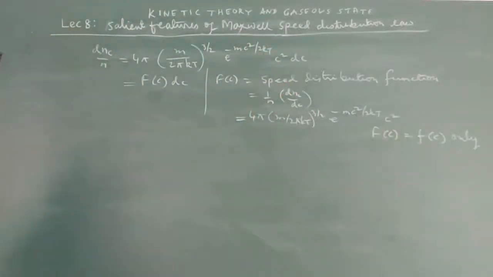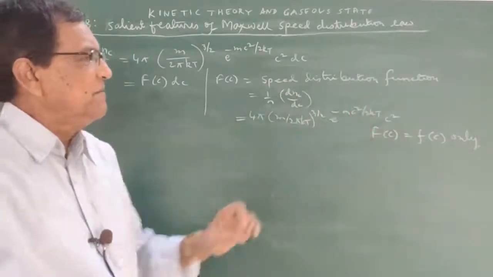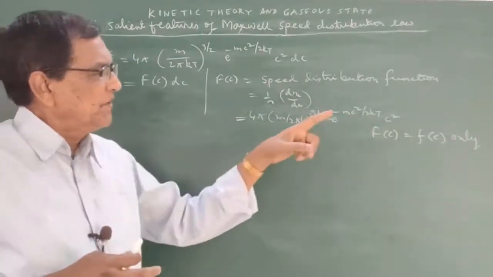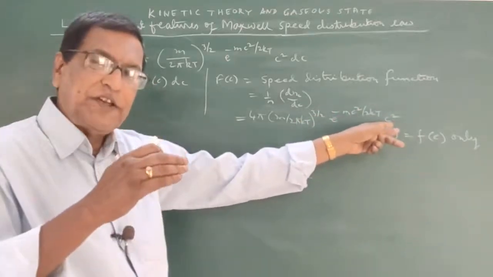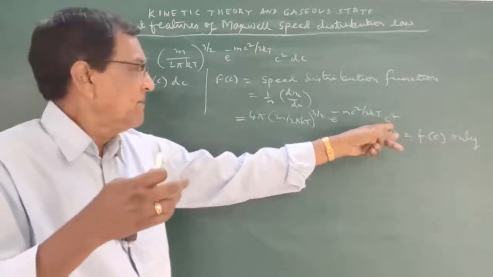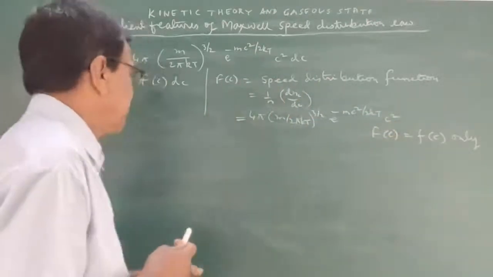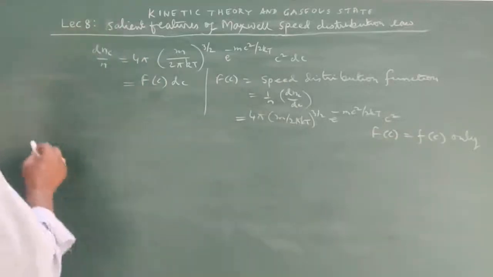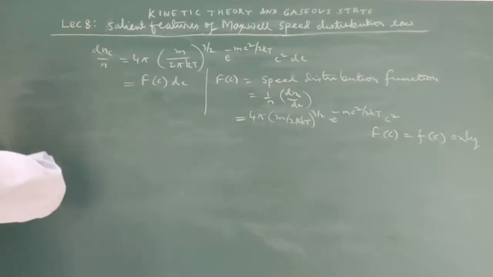So we can make a table for a particular gas at a given temperature. We can put various values of C, ranging from very small to very high, and calculate this Fc distribution function.